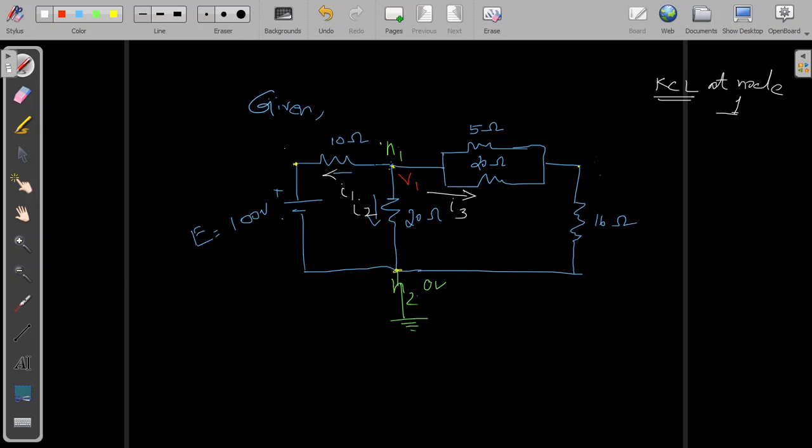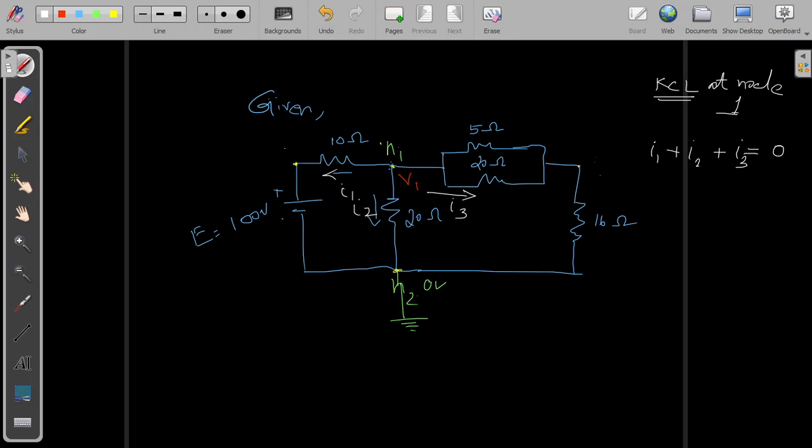No current is entering the node. So when we apply KCL, I get I1 plus I2 plus I3, which are the currents leaving, should be equal to the entering current. Here no current is entering, so it is equal to 0. This is my KCL.